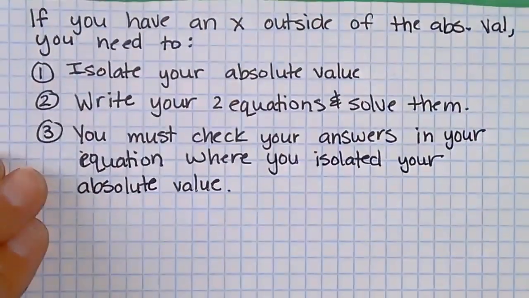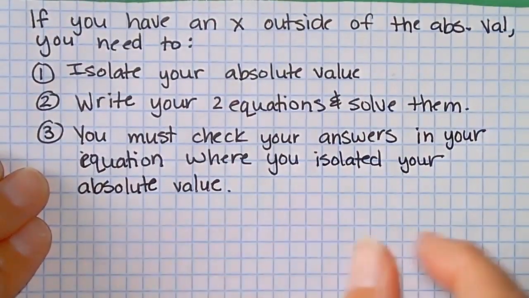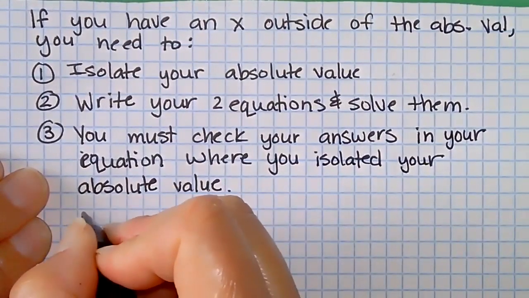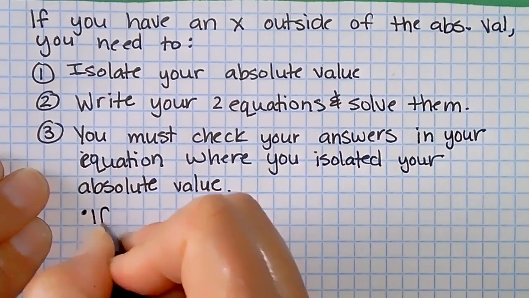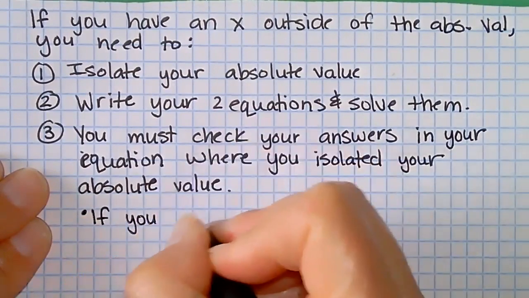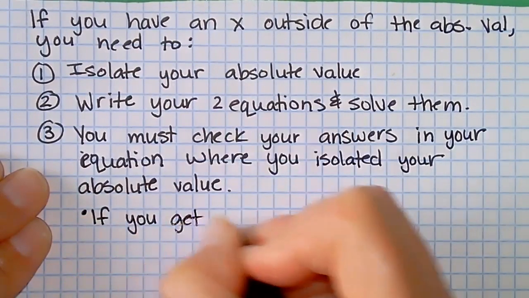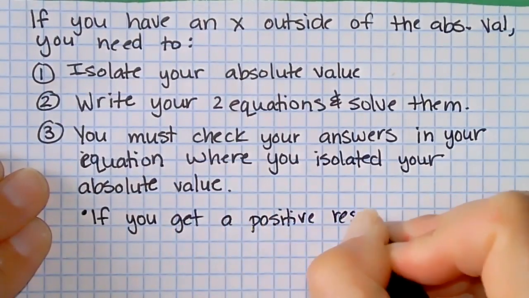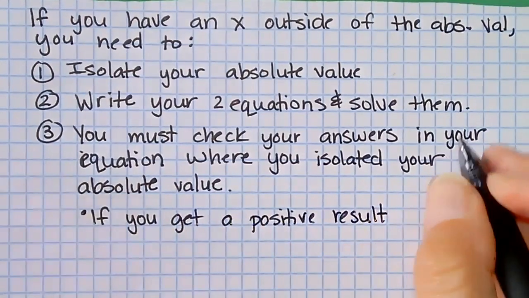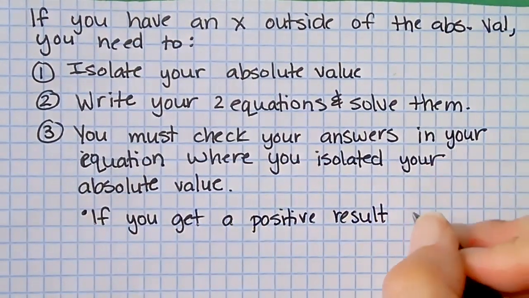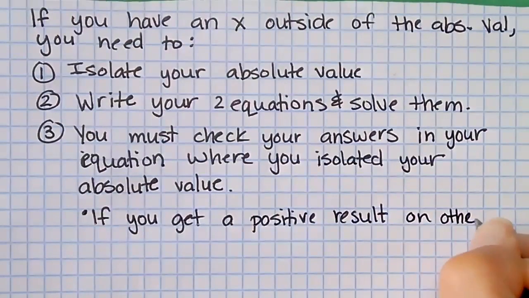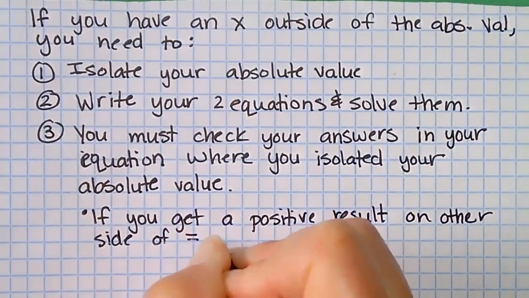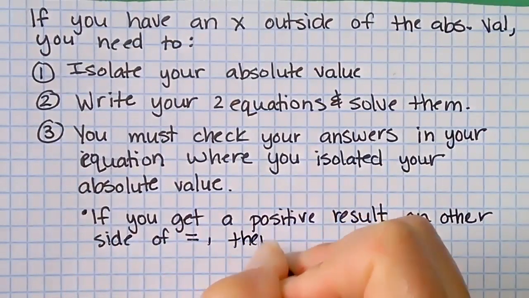Now, what you're going to be doing is to see if that x makes that side on the other side of your absolute value positive or negative. So if you get a positive result on the other side of the equal sign, then that is a solution.